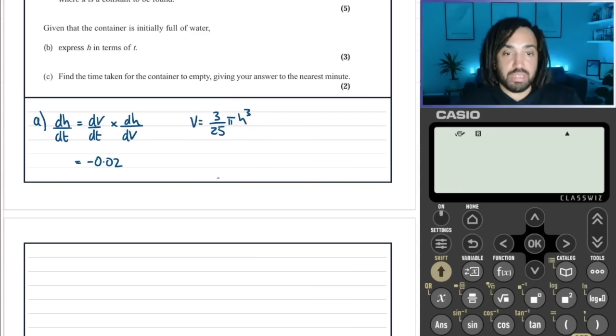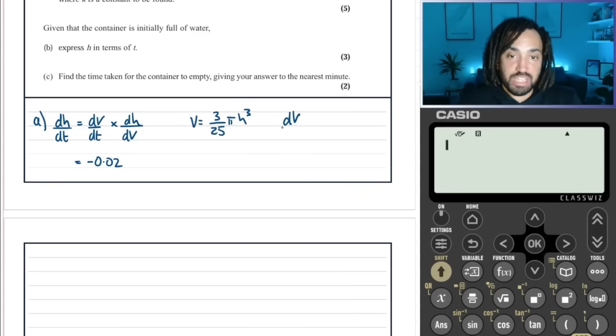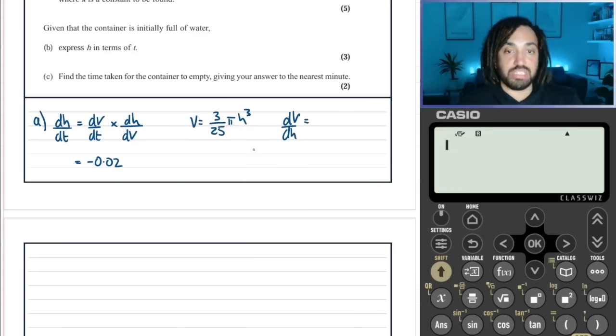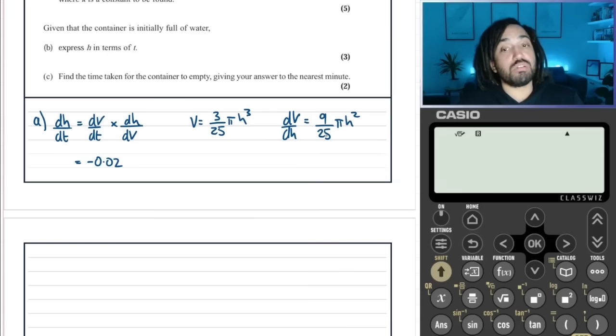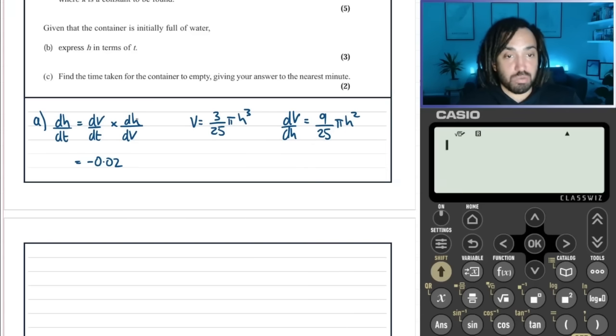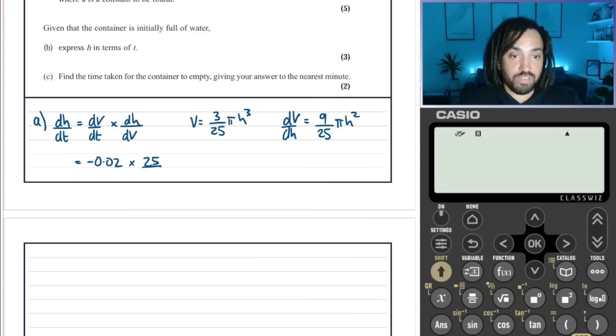And this then tells us that dV by dh is equal to, well, the 3 comes down, times 3/25 to get 9/25, and then it's pi, and then it's h squared. Drop the power down by 1. Now, remember that what we want is dh by dV, which is the reciprocal of that. So we need to flip it over, so it becomes 25 over 9, and pi and h squared are on the bottom.